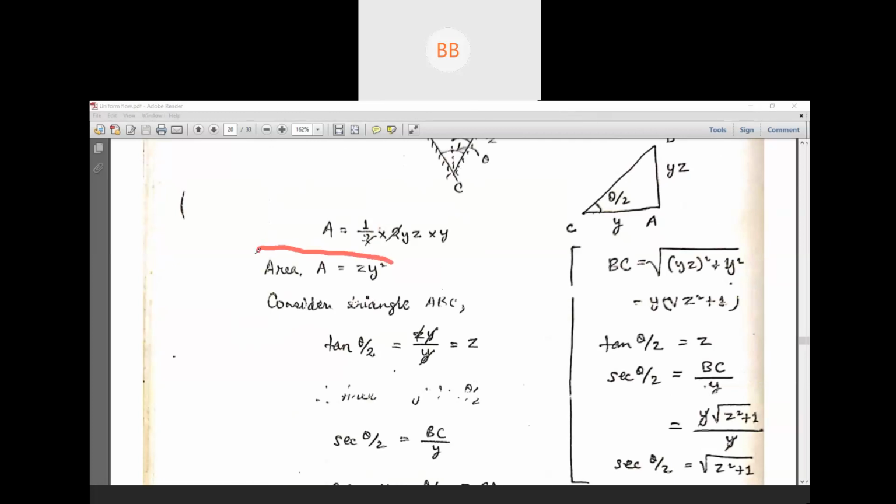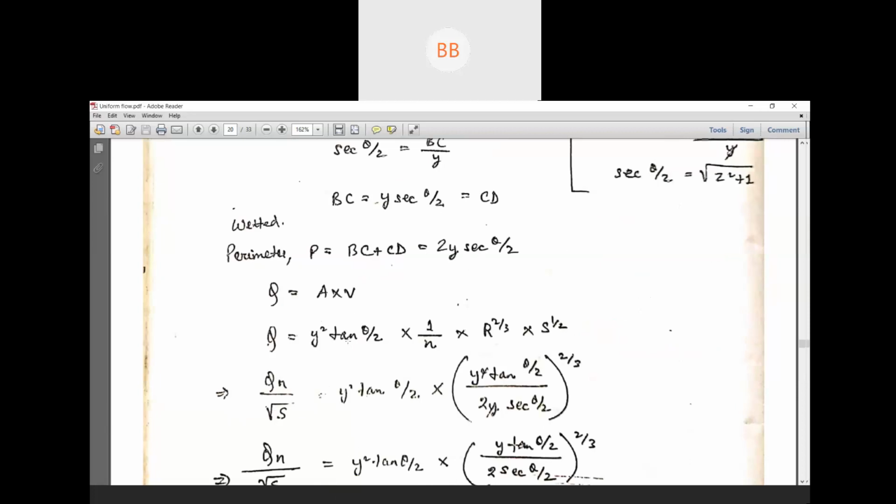Here you see area is zy square, and in place of z we can write tan theta by 2, which we have already calculated. So area we can write as y square tan theta by 2. Actually the expression for area is zy square, but in place of z we can also write tan theta by 2.